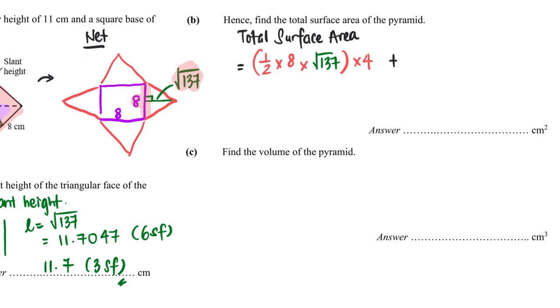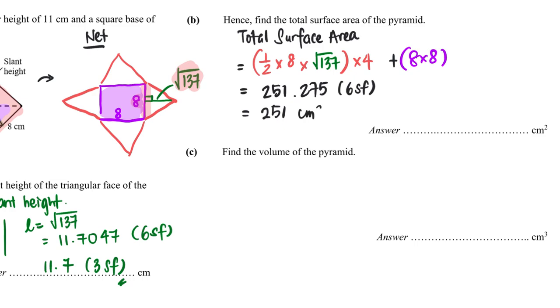Plus 8 times 8, because this is for my square base. And this will be equals to 251.275 to 6 significant figures, followed by 3 sig fig, 251 cm square.